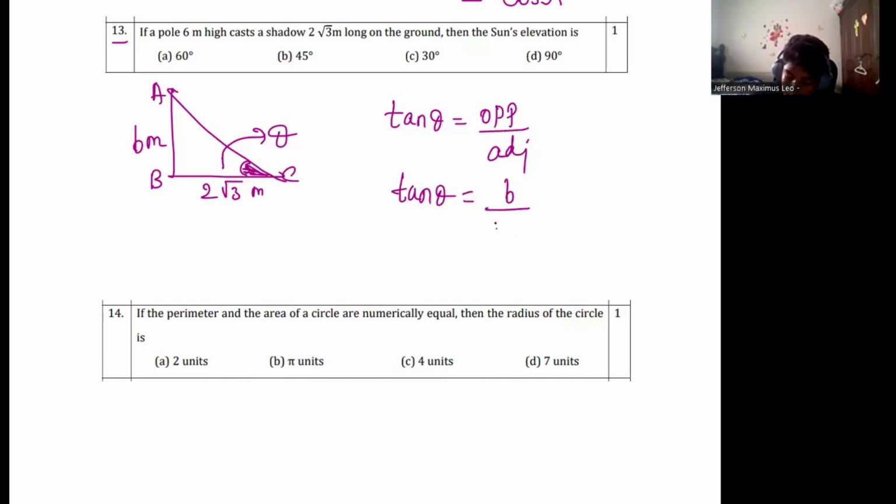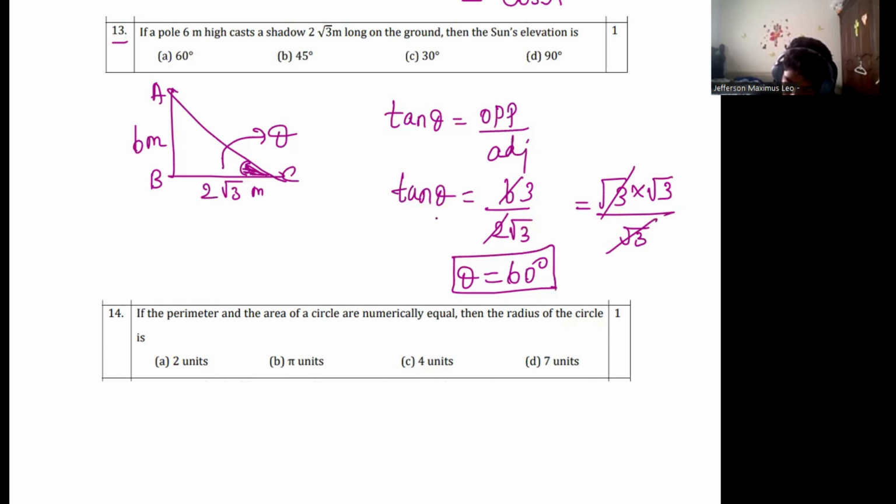Okay, ma'am. Quick. I found the answer. Ma'am, how will we find the answer? I don't understand. Tan theta is equal to 6 by 2 root 3. So cancelling with the 2, 3 times 2 is 6, 1 times 2 is 3.